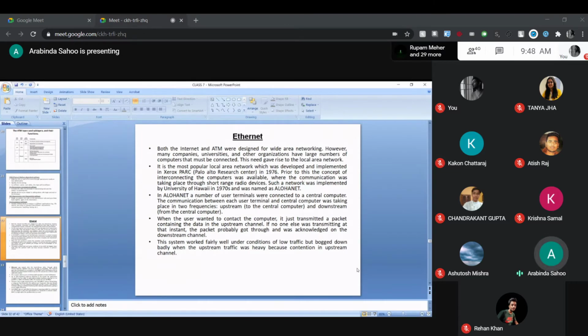The communication between each user terminal and the central computer was taking place in two different radio frequencies.